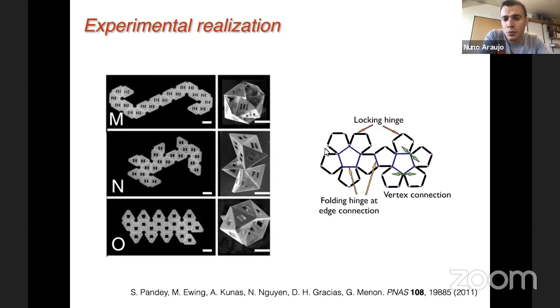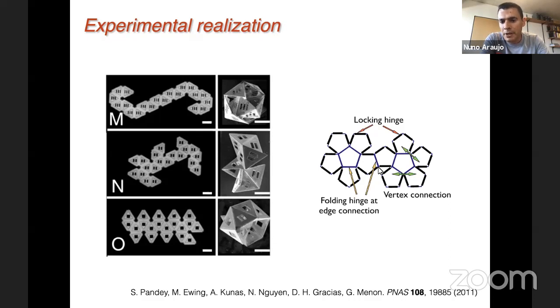They identified that we have different types of vertices in the template. In particular, we have a special type of vertices that we will call vertex connections, like this one, where only a pair of faces needs to come together in order to close all the edges that connect to this vertex.